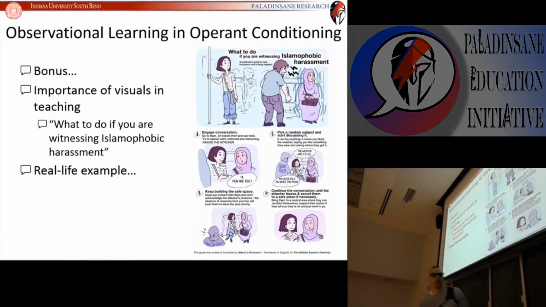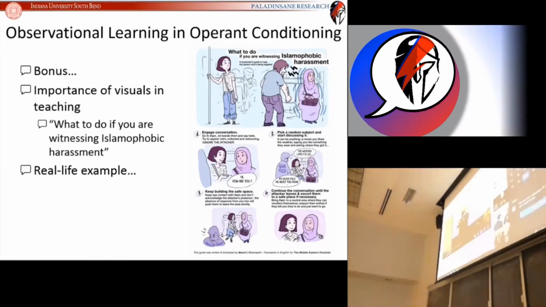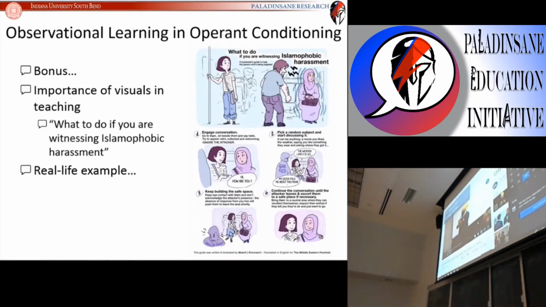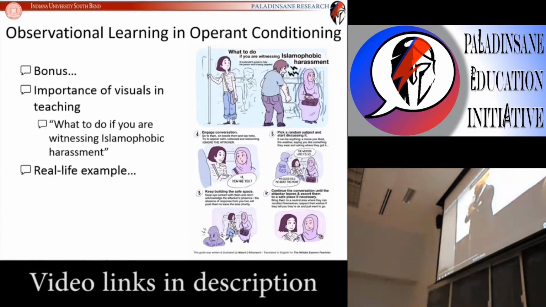All right, so I mentioned this pamphlet. Let's take a look at a real life example where the same sort of approach is being used. This is an example from Canada, yay Canada. And this is where a Sikh politician is going to handle a racist attack.